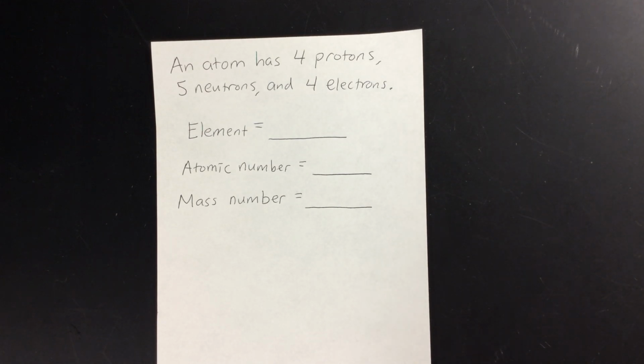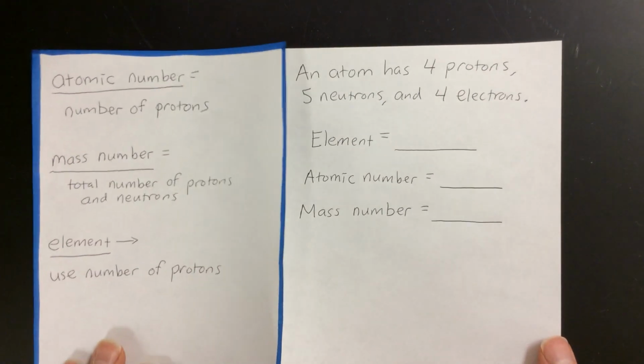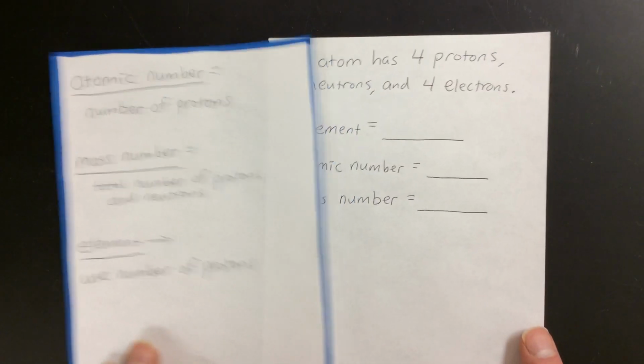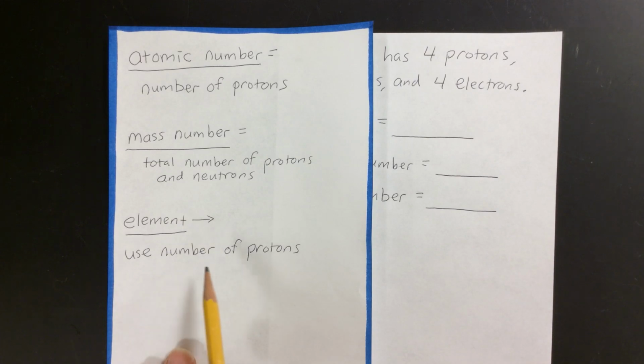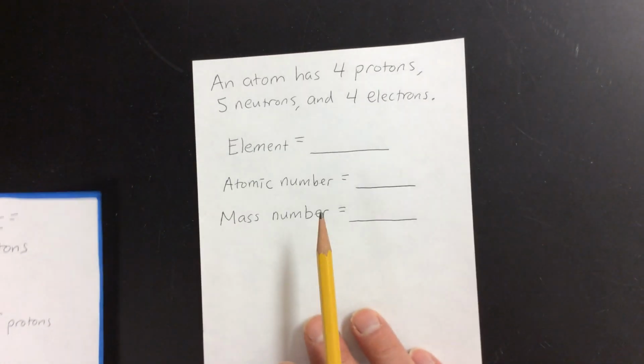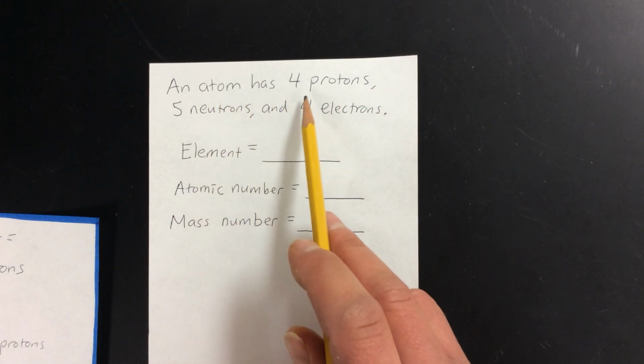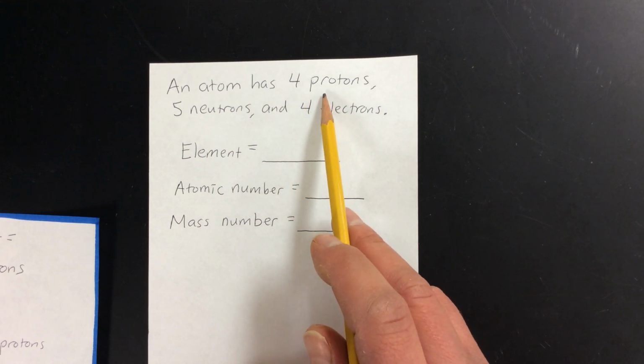So this says an atom has 4 protons, 5 neutrons, and 4 electrons. First, it asks you to figure out which element it is. Well, I know from my handy little cheat sheet that the element is determined by the number of protons. So I look at my page and I see, oh, the atom has 4 protons.